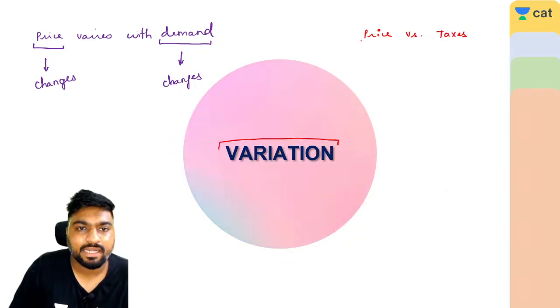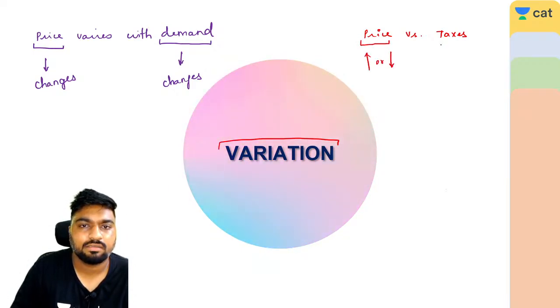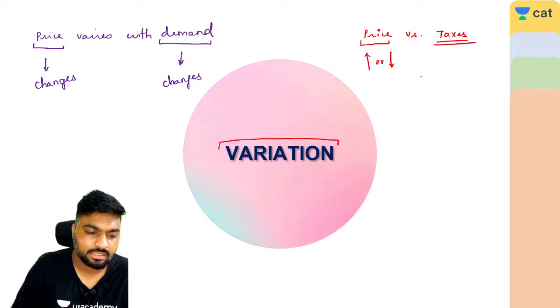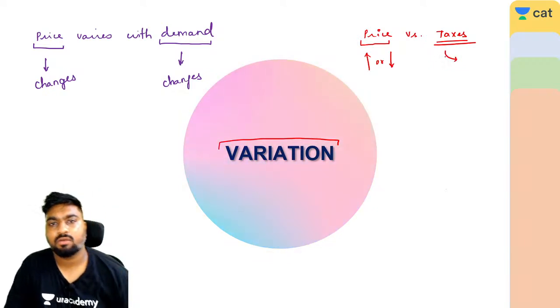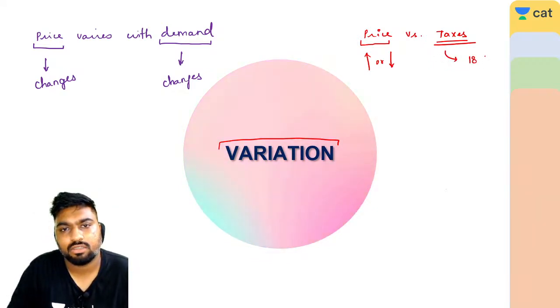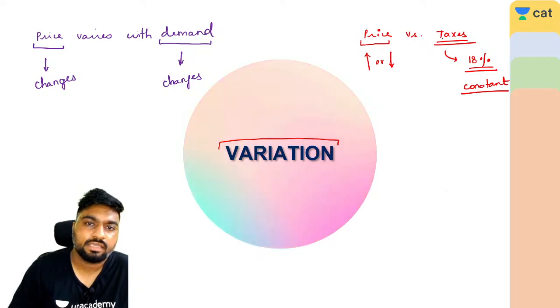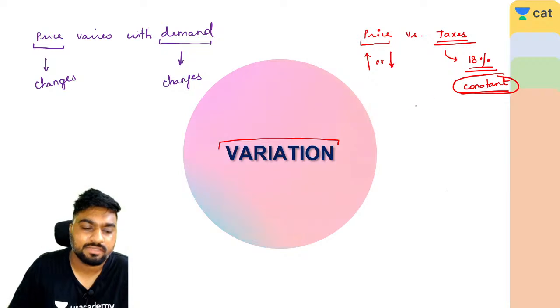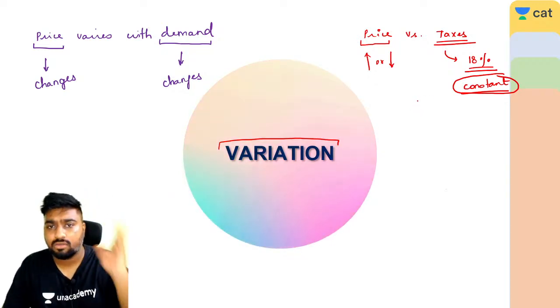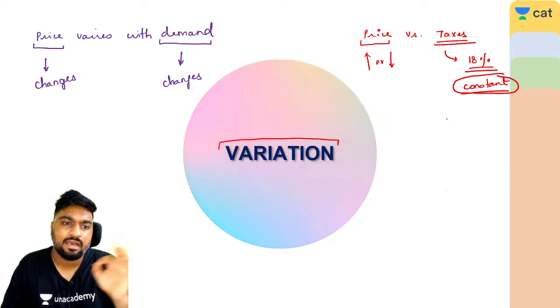Correct? Irrespective of whether the price increases or decreases, the tax amount is going to remain constant. Yes or no? टैक्स का जो अमाउंट रहेगा, let's say if you are talking about 18%, right? तो ये जो 18% है ये तो कांस्टेंट है. Do you agree? Yes. So here we call this a constant, right? It does not vary, it does not change with respect to anything. Under any scenario, कोई भी consequence में, if a quantity does not change at all, that's called a constant.